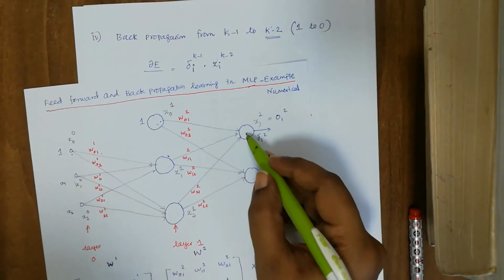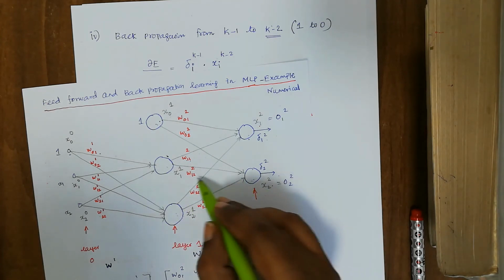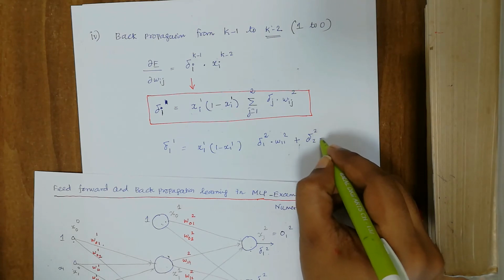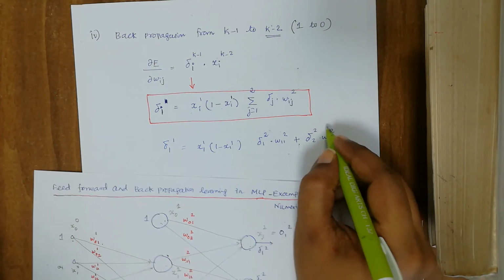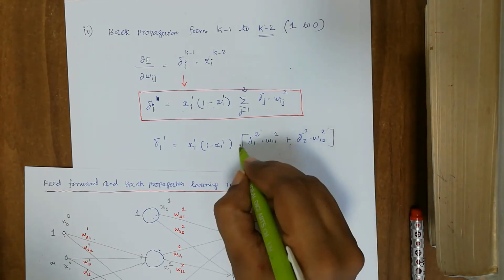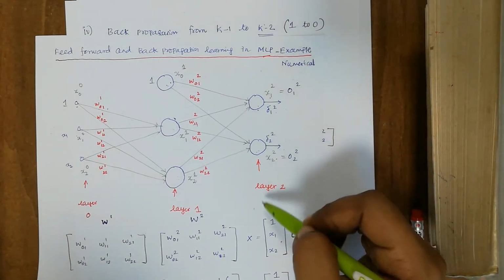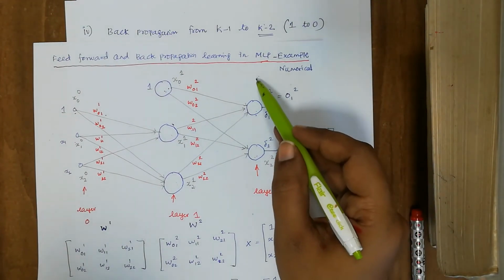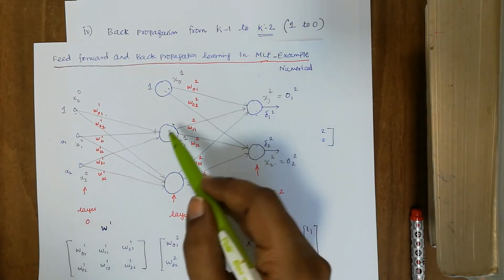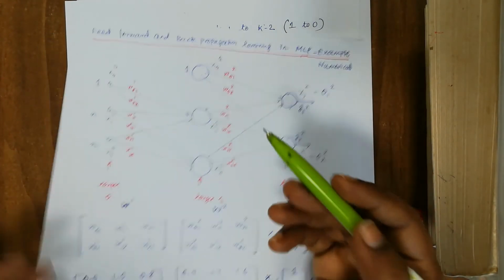This into this plus this into this, from where it has come, W12. So del 2 2 multiplied by W122. Now sum up these values and then multiply by its local derivative. If there are 3 nodes, then the errors from all 3 nodes have to be summed up and then multiplied by its local derivative. So that is the simple step.